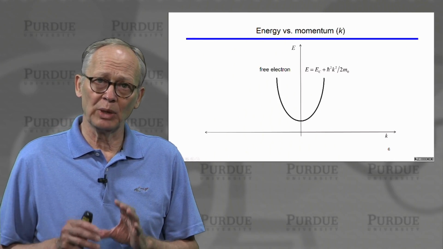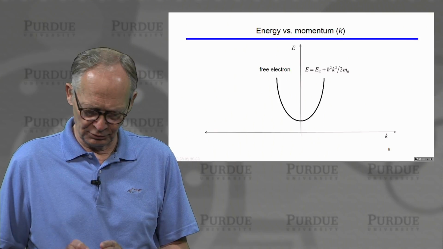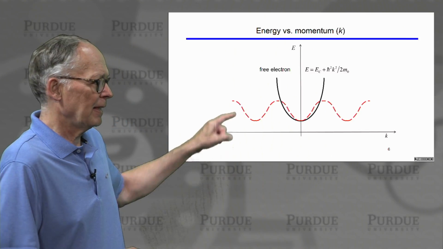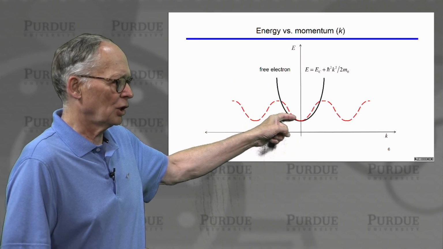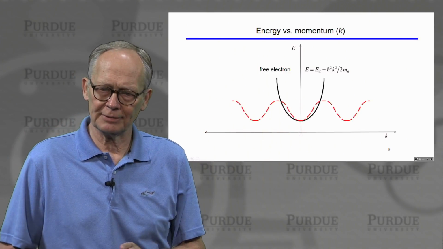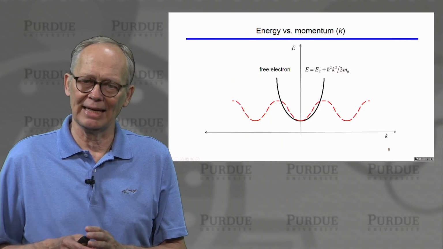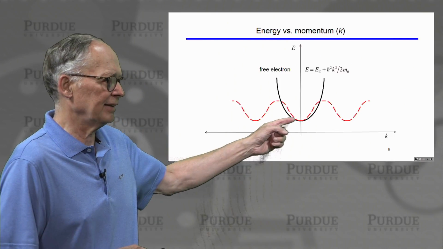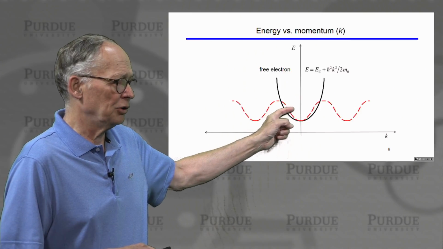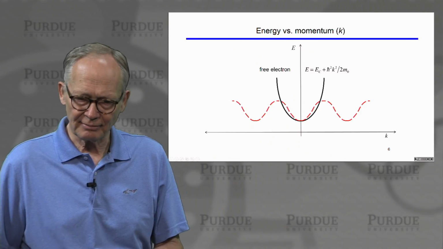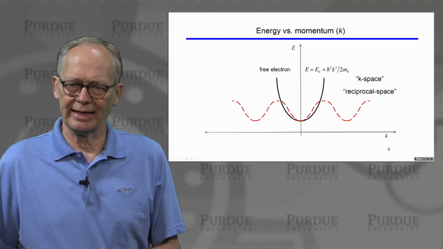If we solve the wave equation for this crystal potential, we find solutions that tend to look something like this. They have minima. The curvature might be a little bit different. The difference in curvature means that there's a difference in the mass of the particle. This is where the effective mass comes from. But you can see also that these solutions are periodic in k. They repeat themselves in k space.